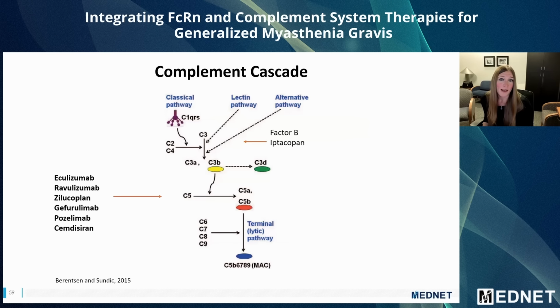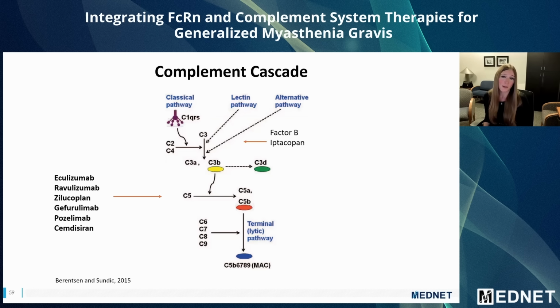But we'll start with the complement cascade, just an overview to remind you there are three pathways that converge at C5, which then leads to the terminal complex, the membrane attack complex, which is the destructive part of the complement cascade. And so the vast majority of complement inhibitor development for MG has been targeting C5.